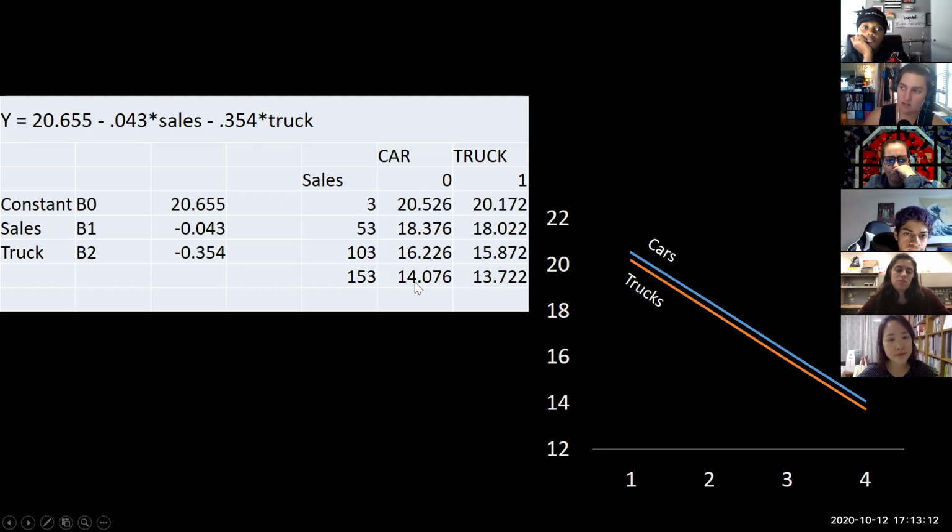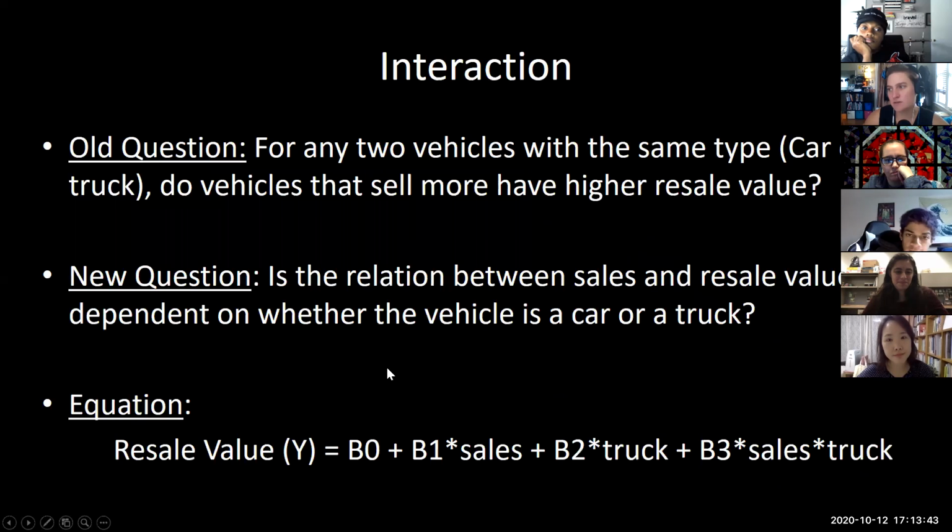So each one of these is an equation. I'll show you how this works in a second when I pull up the Excel spreadsheet. It lets me get an expected amount of resale value for each of these probable values of both my X's. So I get them for cars and I get them for trucks. Big whoop, it's straight lines, whatever. It matters because in a second, we're going to do it for interactions, so you can see how it's different.